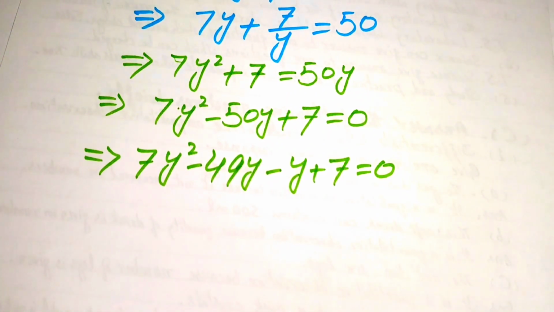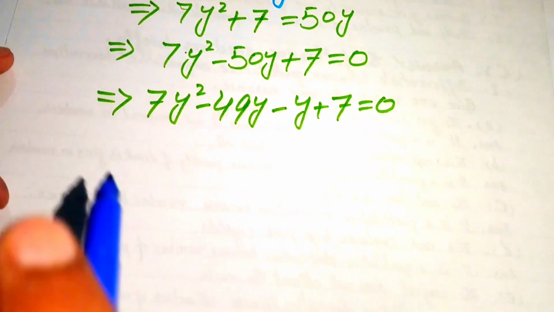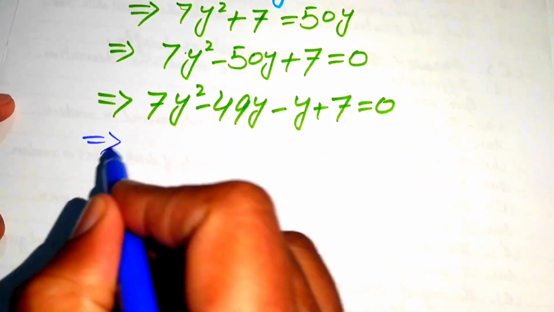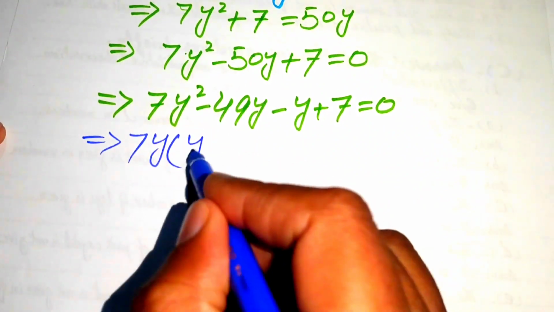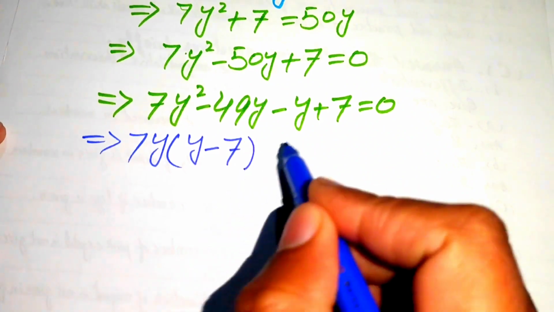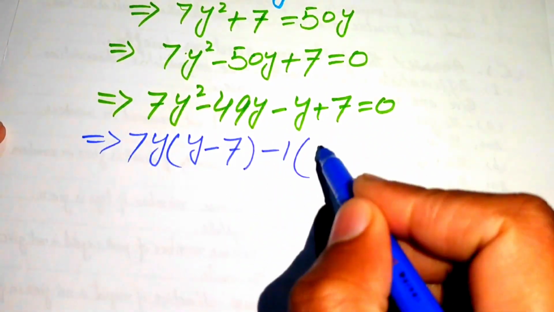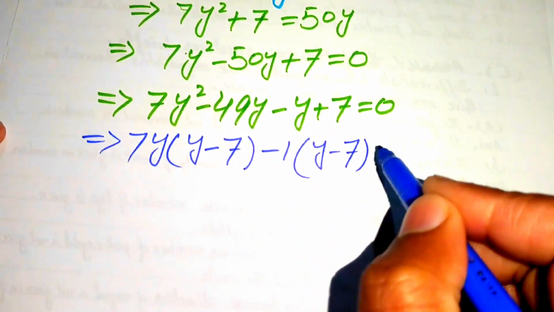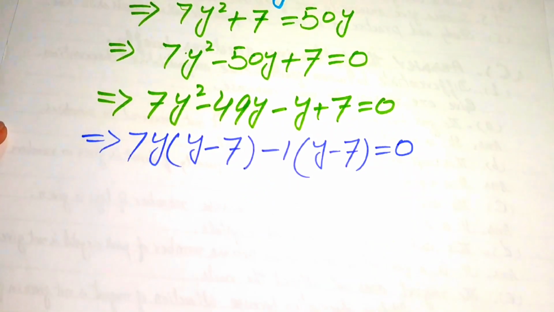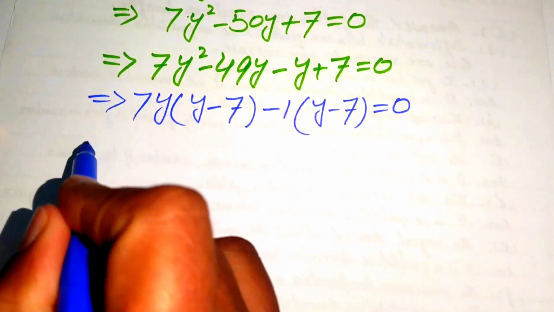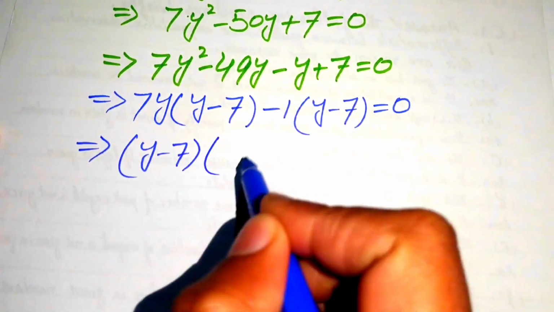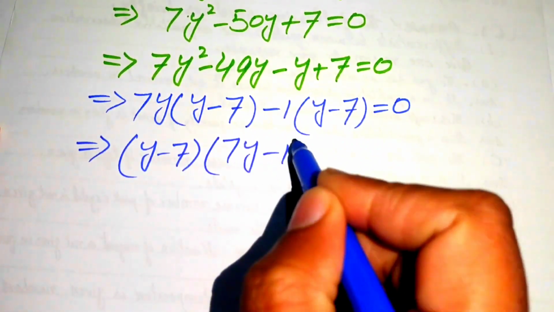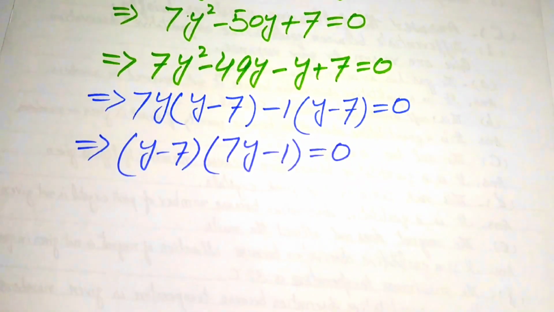So in the next step we take common 7y from the first two terms and we get 7y times y minus 7, and we take common minus 1 and we get y minus 7 equals 0. So in the next step we take common y minus 7 and we obtain 7y minus 1 equals 0.